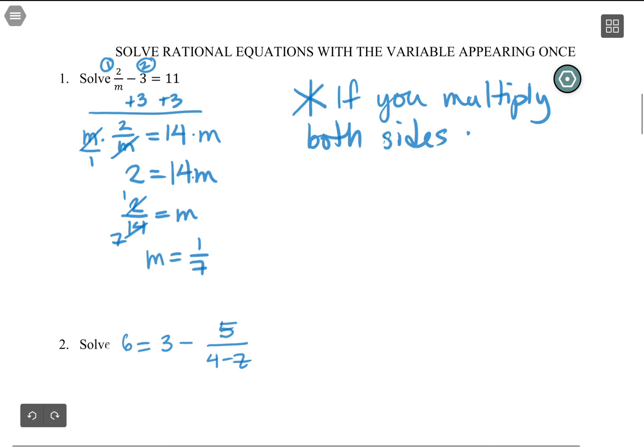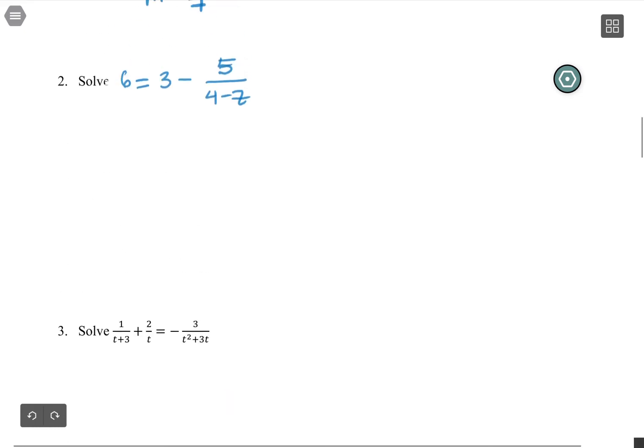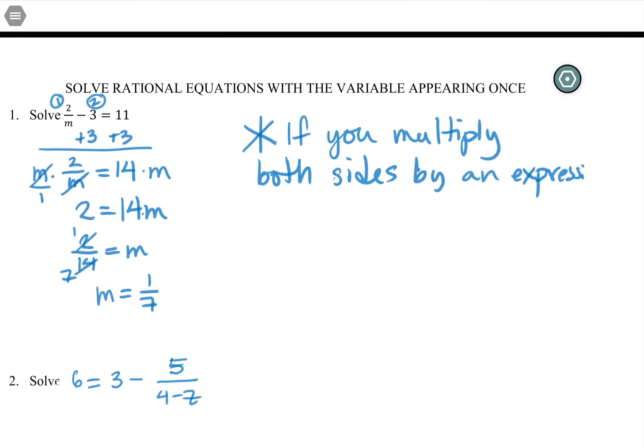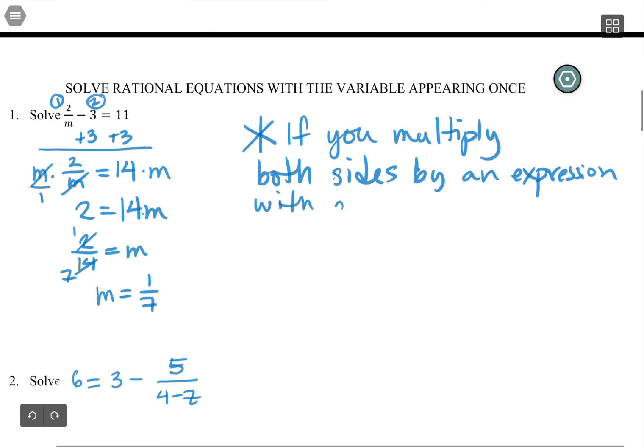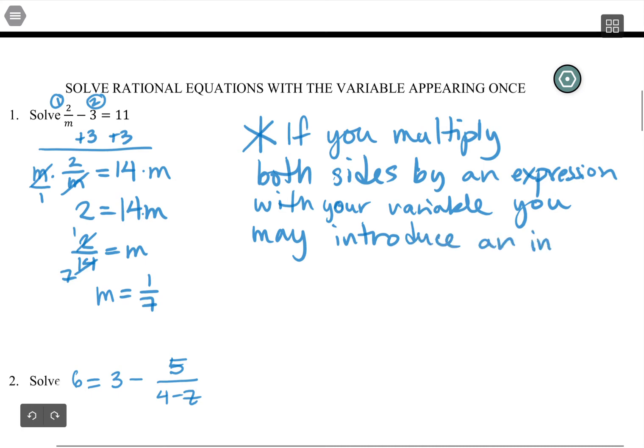let's say by an expression with your variable, you may introduce an invalid solution.